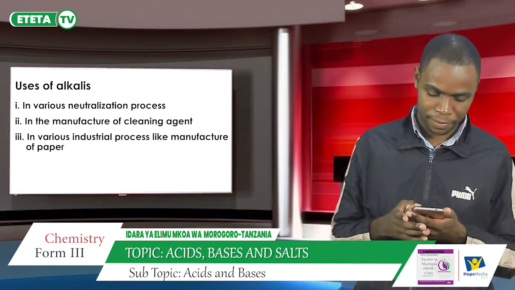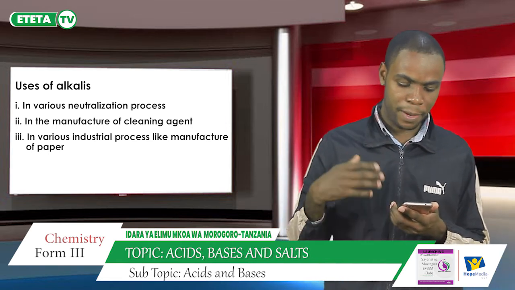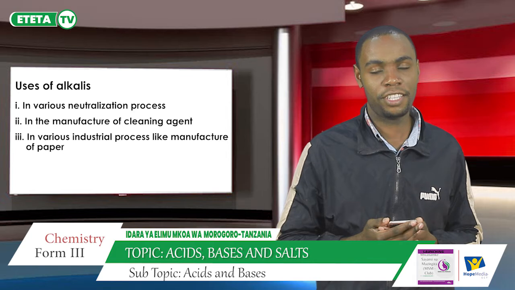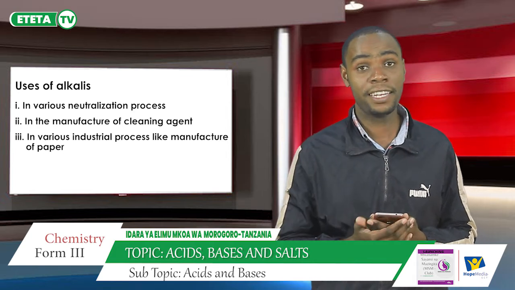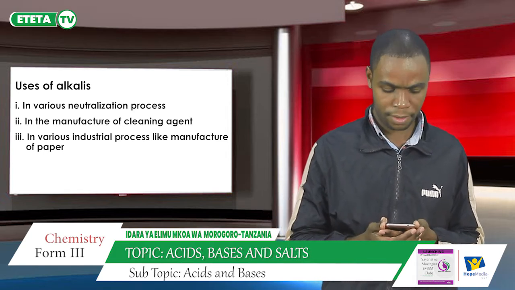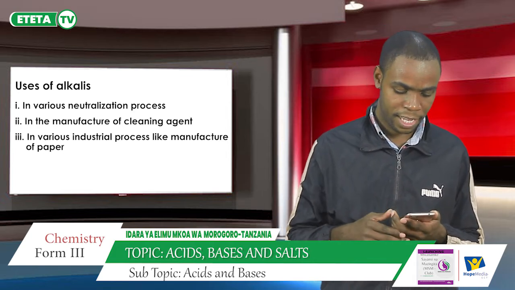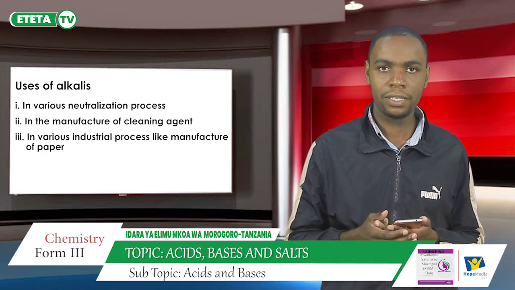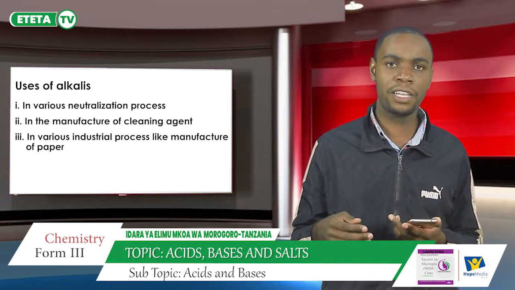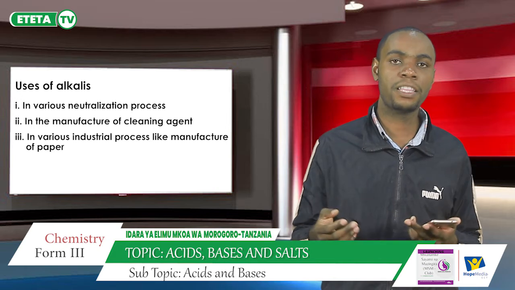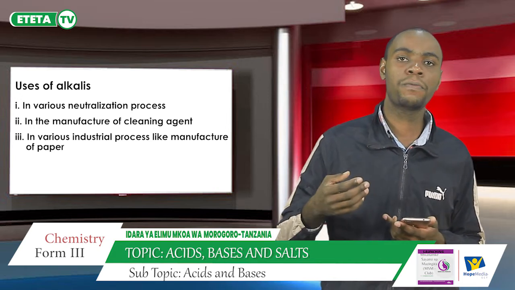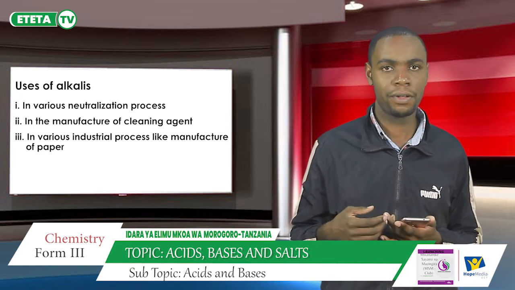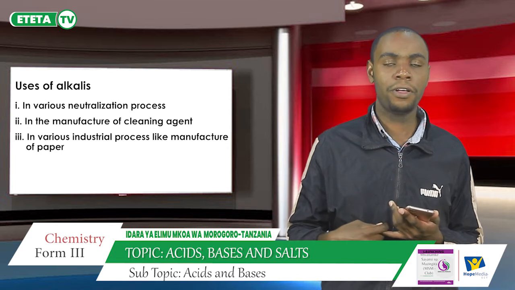The second one, it is used in the manufacture of cleaning agents. The third one, it is used in various industrial processes like manufacture of paper. So this base is used to manufacture paper. Not only that, but also in the manufacture of soap or soap making.